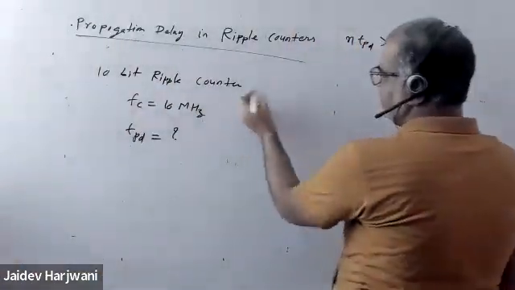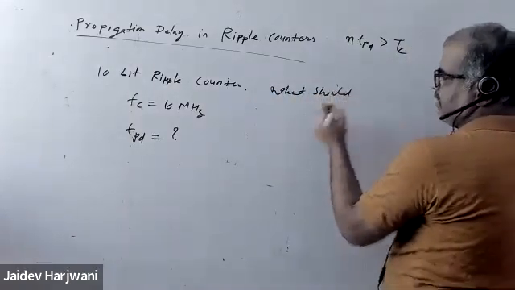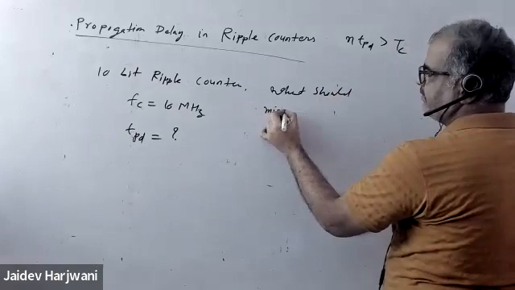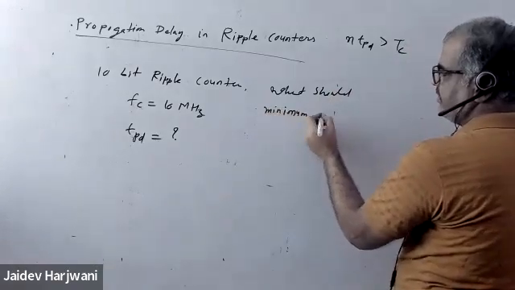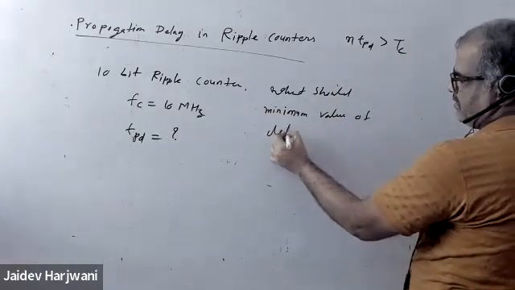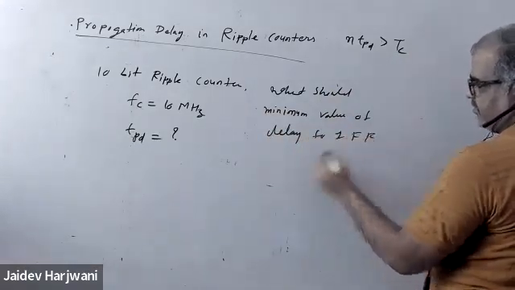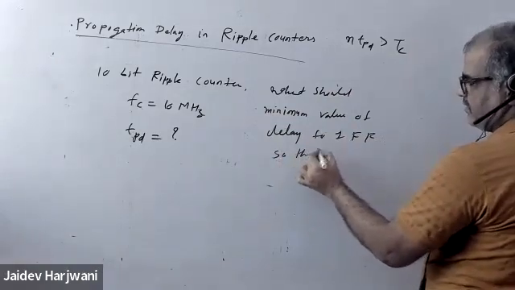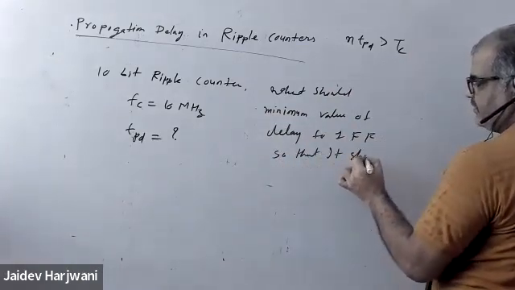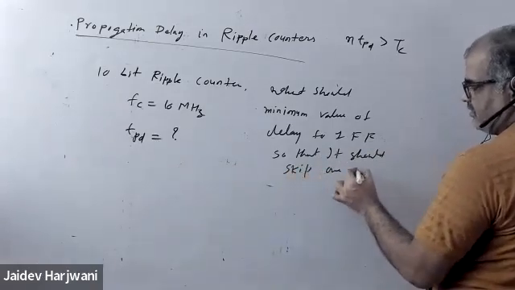What should be the minimum value of delay for one flip-flop so that it skips one count?